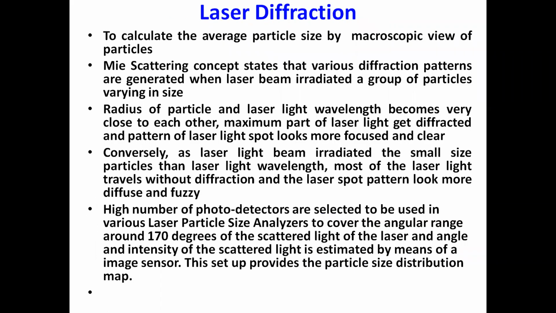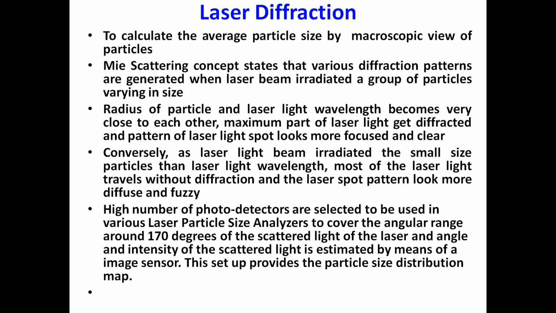Now this is another technique which is called laser diffraction. To calculate the average particle size by a macroscopic view of particles, this type of technique is used. The Mie scattering concept states that various diffraction patterns are generated when a laser beam irradiates a group of particles varying in size.